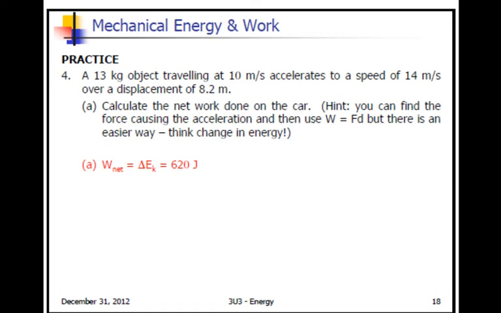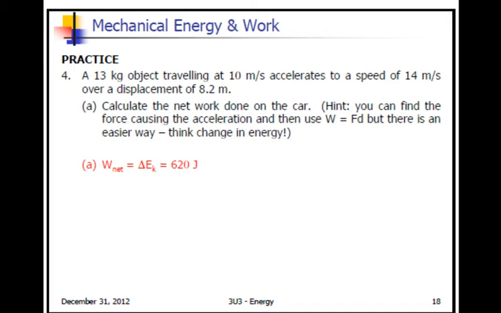So that hint is important because you could answer this kinematically using what we learned in Unit 1. But we could answer this a bit of an easier way. So the kinematic solution would look at this question and say we have 10 meters per second is our VI, 14 meters per second is our VF.